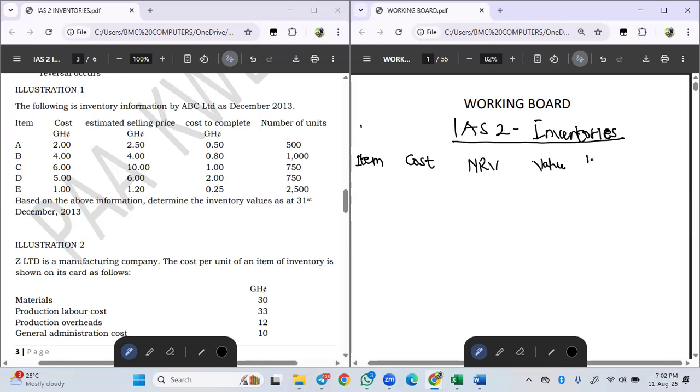The number of units will come, then the amount.